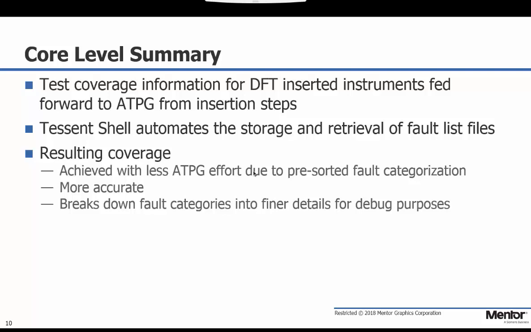The resulting coverage is achieved more quickly because more faults are pre-sorted into appropriate categories before ATPG even starts. The results are more accurate, especially in the case of DI faults that would otherwise be considered AU. And the report breaks down these fault categories into finer details so you can quickly identify the reasons for these results and determine if anything is actionable.